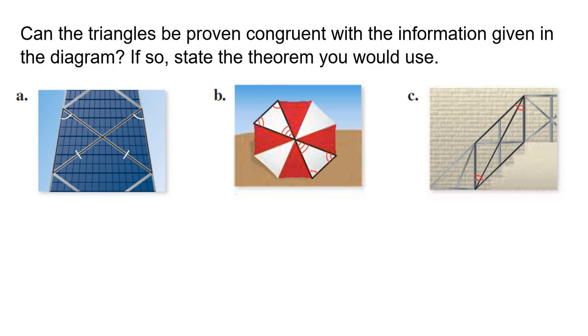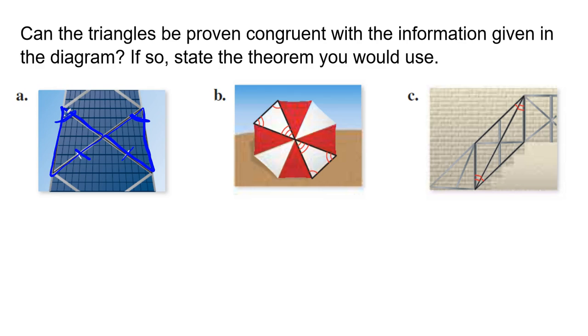So we're going to look at these, and it says, can the triangles be proven congruent with the information given in the diagram? So if you look at A, you've got a triangle right here and a triangle right here. And we have these sides marked congruent. We have this angle marked congruent to this angle. So right now we only have one angle and one side.